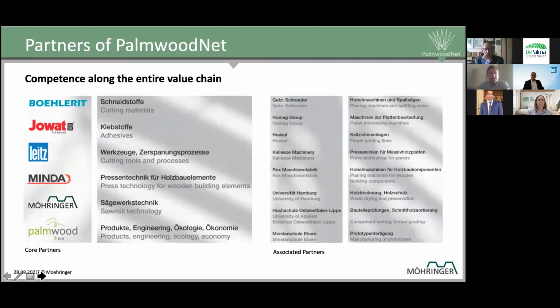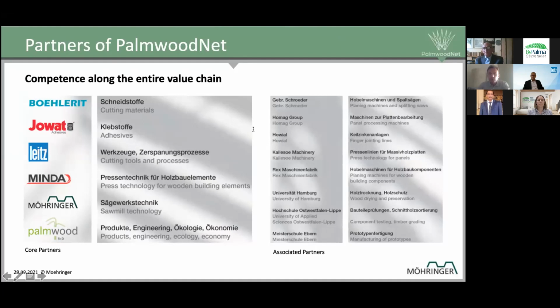So who is PalmwoodNet? Who are the partners? We have 5 core partners in our network. That is the company Leitz and Böllerit, who are responsible for the tooling. Then the company Jobert for the glue, the company Minda for the pressing technology, my company for all the sawmilling and handling automation technology, and the Palmwood R&D group, which has been responsible for the product development, engineering, and also ecological aspects.